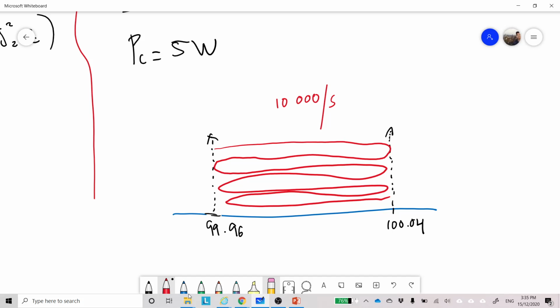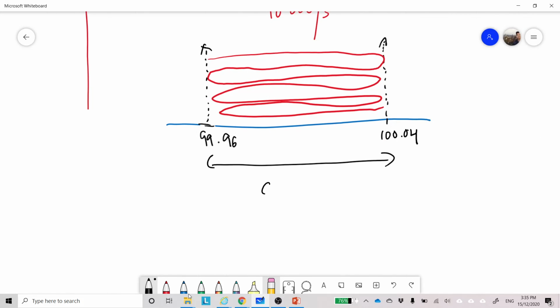Apa yang berlaku adalah antara julat frekuensi ini daripada 99.96 sehinggalah 100.04. So this total is what we call as a carrier swing, which is equal to 2 delta F.